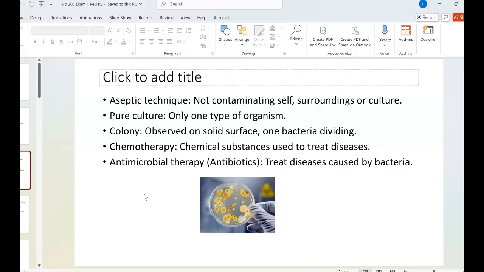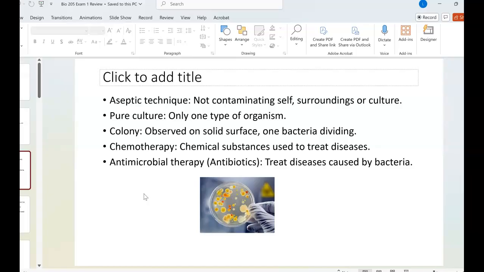A couple of other definitions we talked about. We talked about chemotherapy, which is really a generic definition, and that's really any chemical substance used to treat a disease. Specifically, we're going to be talking about chemotherapy that treats bacterial diseases or diseases caused by microbes. So we'll talk about antimicrobial therapy that we commonly think of as antibiotics.